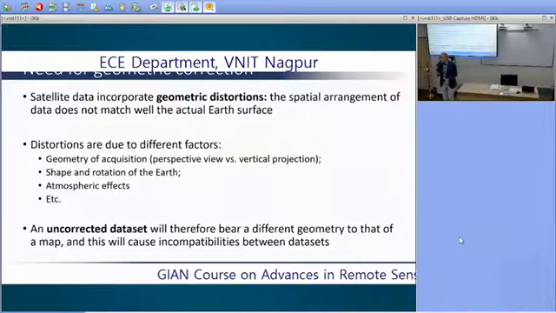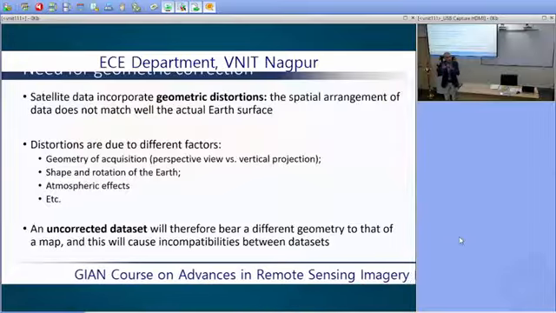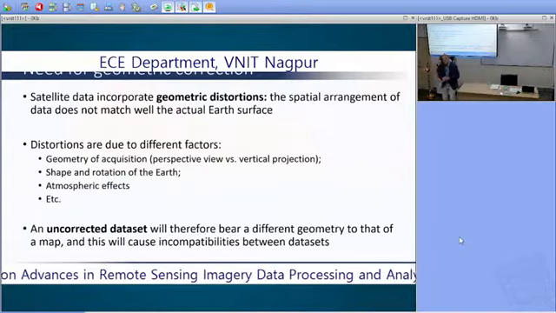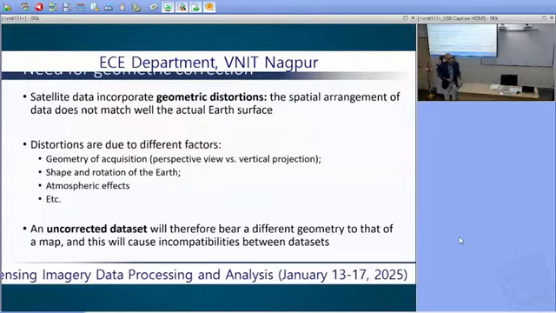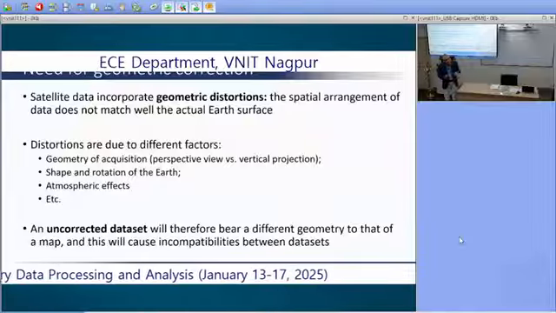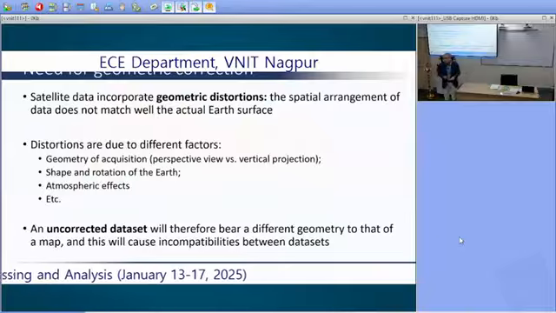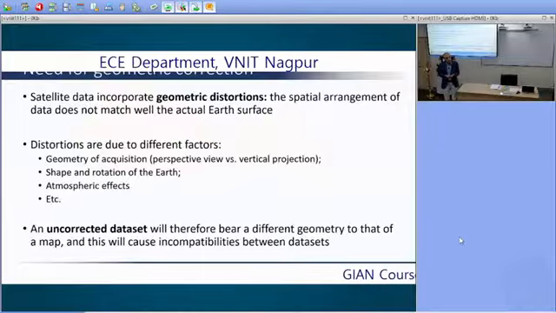One more element is the fact that you're looking at the Earth's surface. Locally, you're not looking at a perfect plane. You may be looking at a perfectly flat area, but that's an exception. The rule is that you have changes in elevation locally. That adds to the geometric distortion, which is involved in your data.